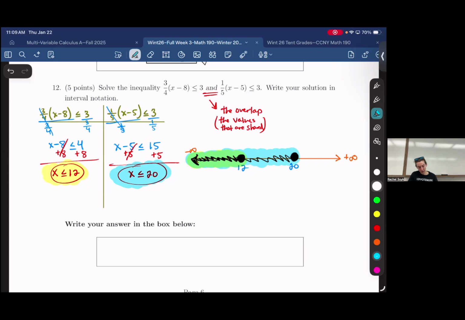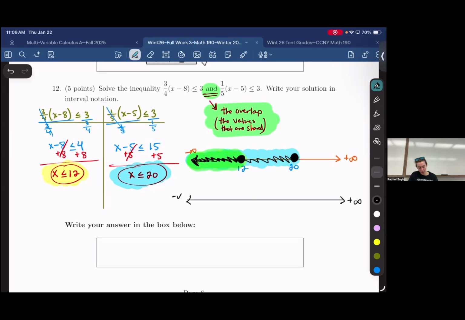But remember, our AND is the overlap, the values that are shared. Yellow and blue make green. So green is your solution. So let's create another number line, really just zooming in on just the green, which is at 12, closed circle, and all shaded to the left.